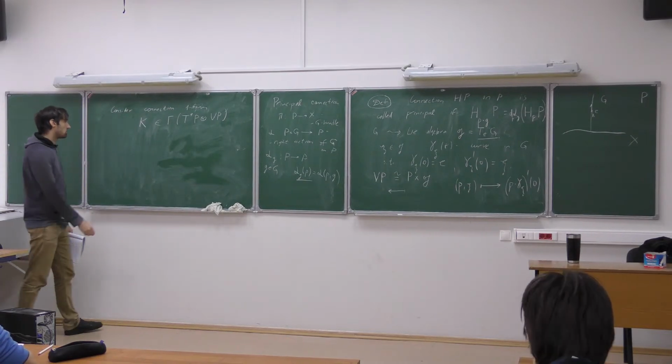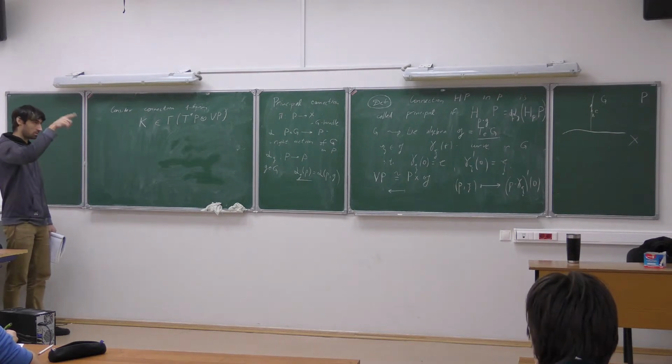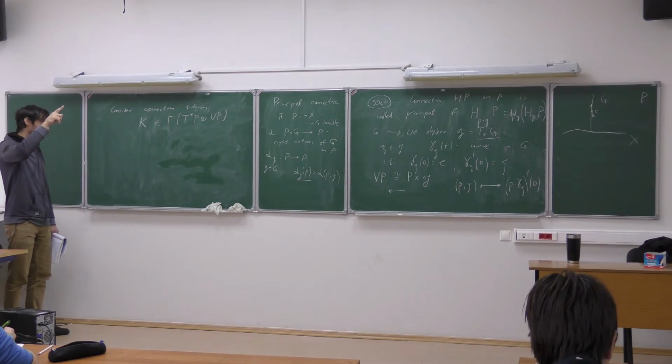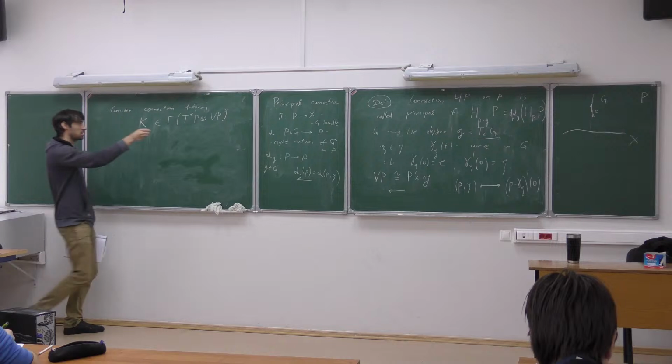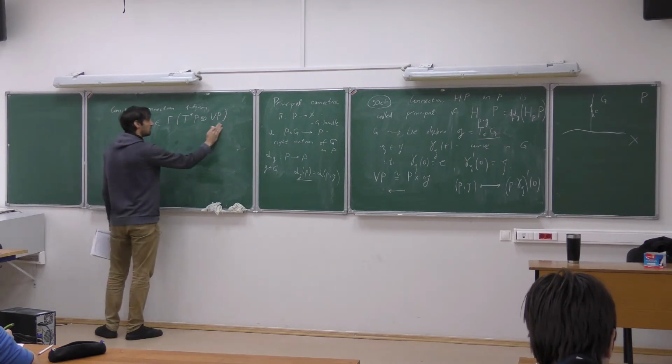So it's a one form because it depends on a vector, right? So it takes a vector in TP and gives me a projection, gives me some value in here. Okay.